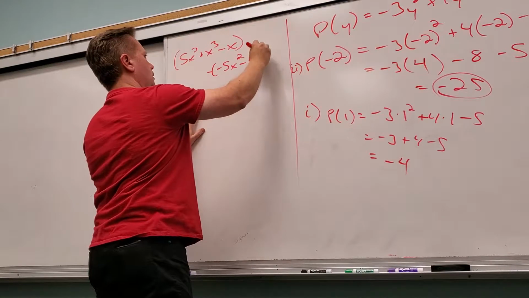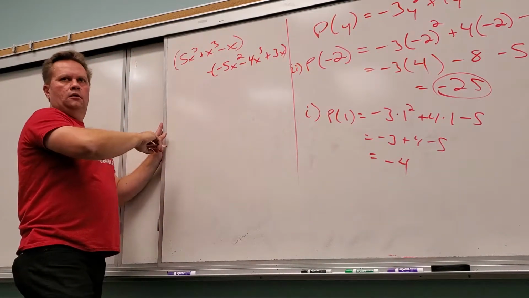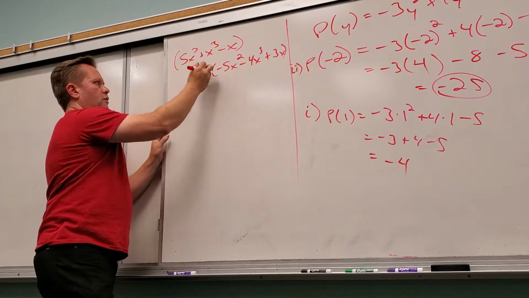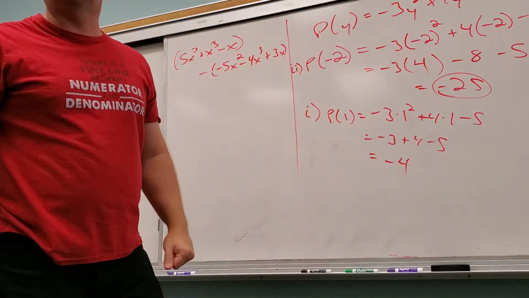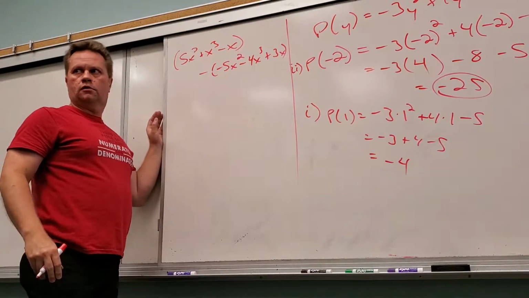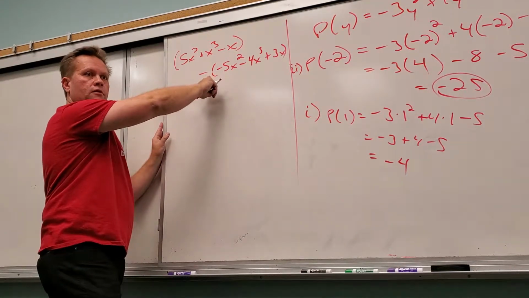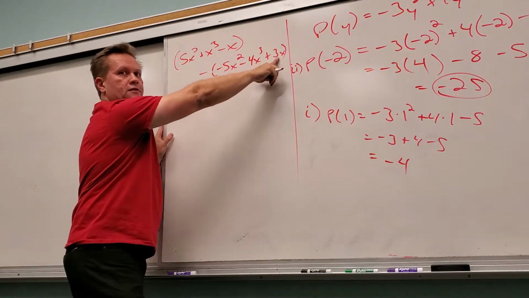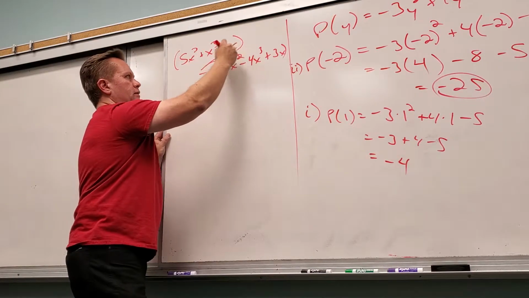You see the problem on that paper? It's the very last problem on the front side. What do I have to do first? You gotta distribute the negative. Because I don't have a 3x, I have a negative 3x. So I don't know what I have until I distribute this.